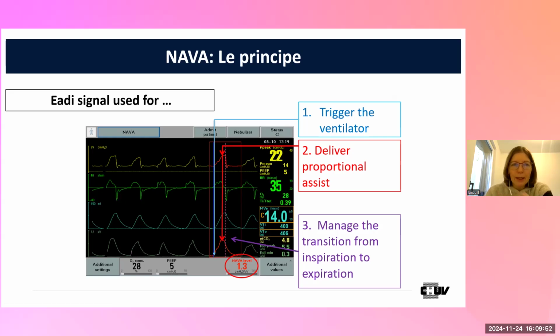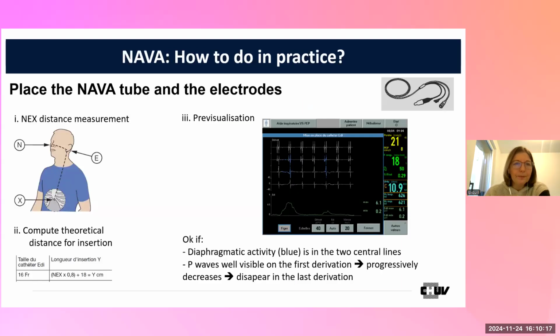Then in summary, in NAVA, the electrical activity of the diaphragm pilots the ventilator, and we can describe that as a situation where basically the brain of the patient pilots the ventilator directly. And we can expect that we can obtain a good patient-ventilator synchrony doing this. We'll see that, in fact, it's the case.